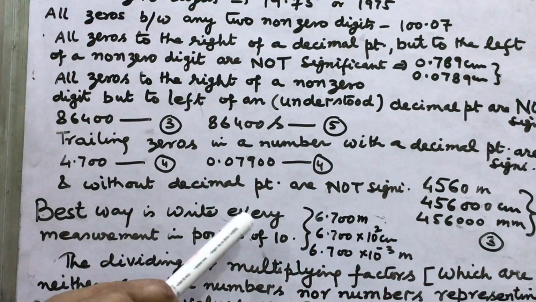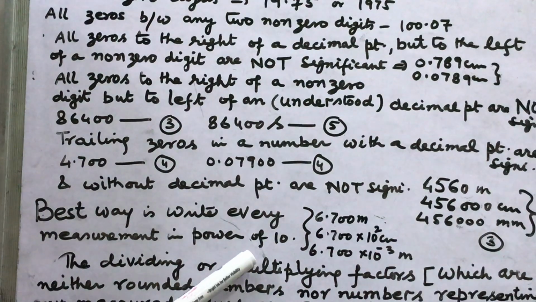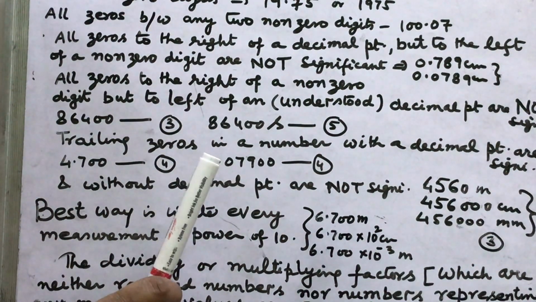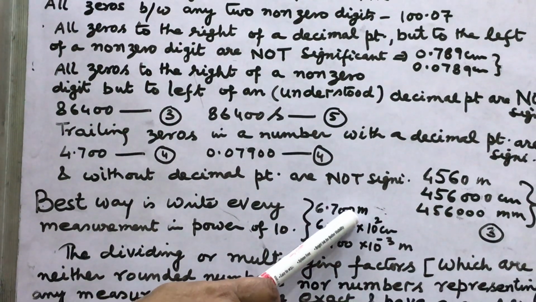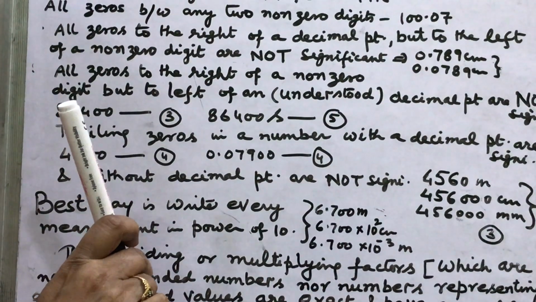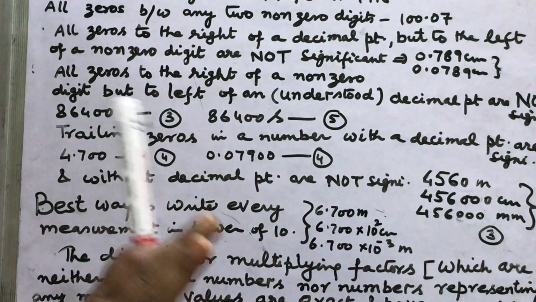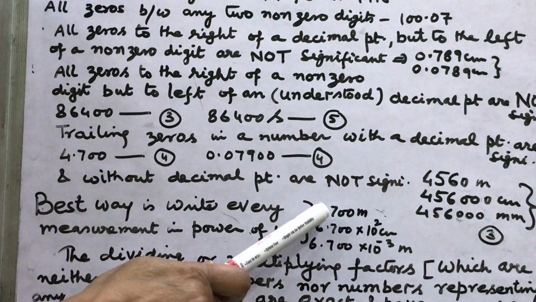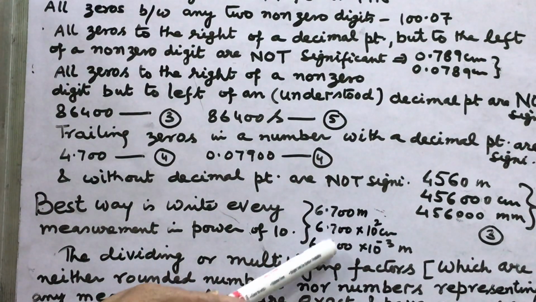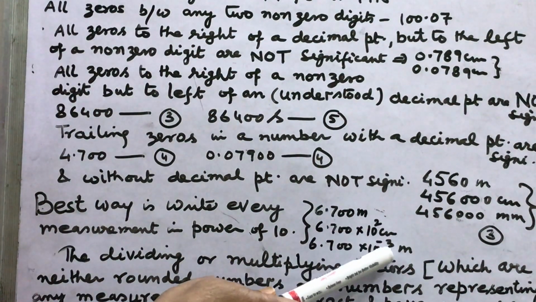The best way to write every measurement is in the power of 10. I also explained how to write any number in power of 10 in the previous video. So if you write 6.700 meters, you are changing the unit and also using the power of 10. You will find that the significant figures remain the same, here 4, here 4, here 4, but it is in meter, in centimeter, and this is millimeter.